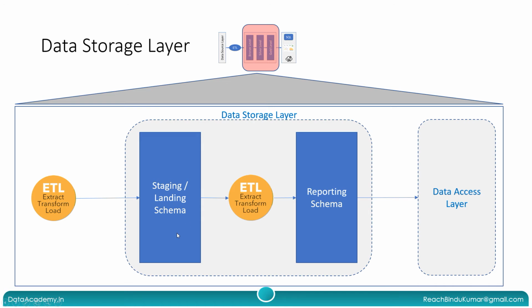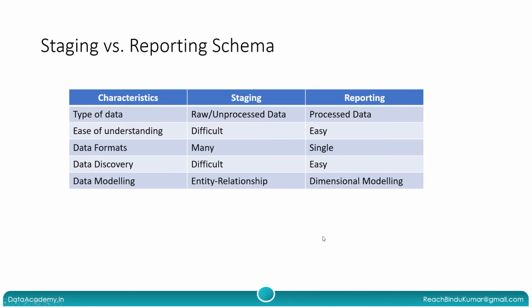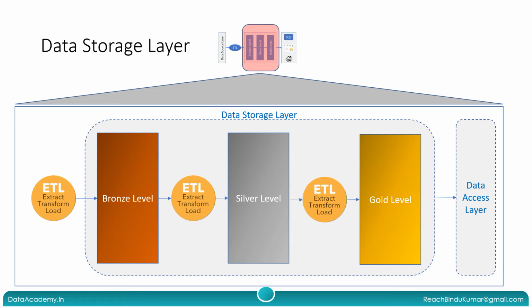Let me just go back. So in earlier scenarios, people just used to refer to it as staging and reporting schemas. Now within the reporting schemas, you will have your processed data and you will also have aggregate data. All of them is being clubbed into this reporting schema. But of late, people have started with these three levels: bronze, silver, and gold, to differentiate between the type of data.